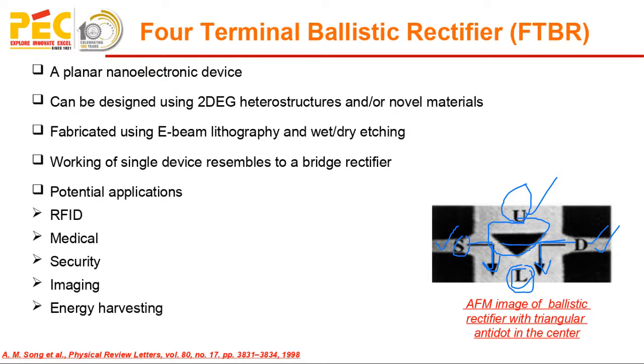The device is planar in nature, having very little parasitic capacitance, and it could work up to very high terahertz frequency. Potential applications of the 4-terminal ballistic rectifier are RFIDs, medical, security, imaging, and energy harvesting.